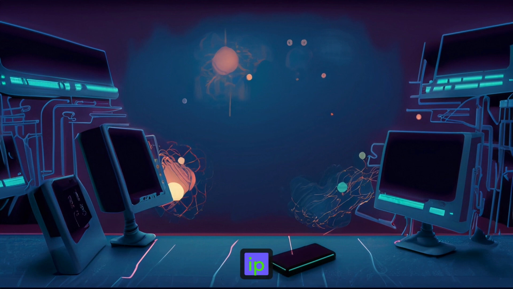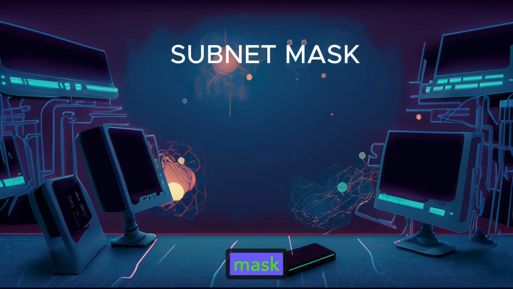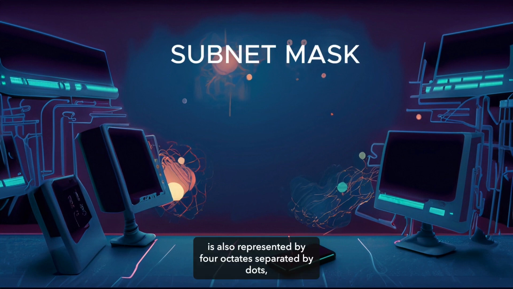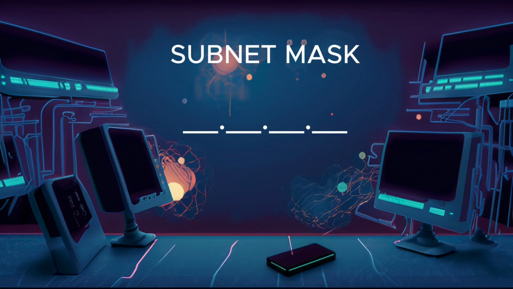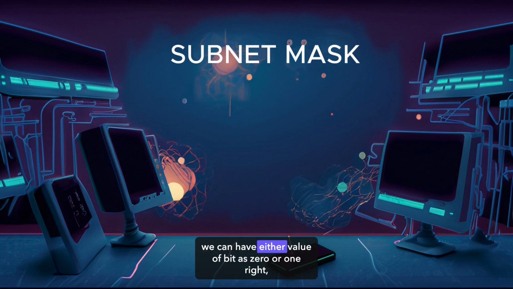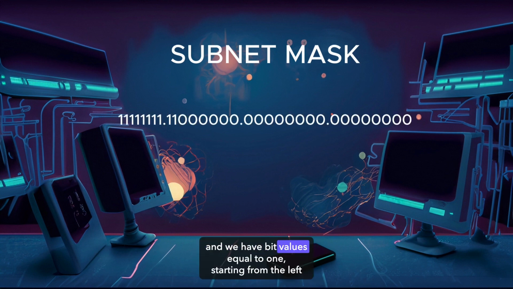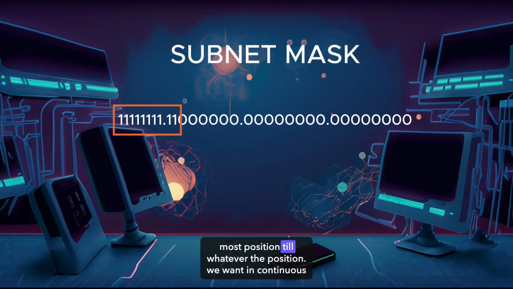Just like an IP address, a subnet mask is also represented by 4 octets separated by dots. In a subnet mask, we can have the value of a bit as either 0 or 1, right? And we have bit values equal to 1 starting from the leftmost position till whatever position we want, in a contiguous manner, and the rest of the bits are 0.